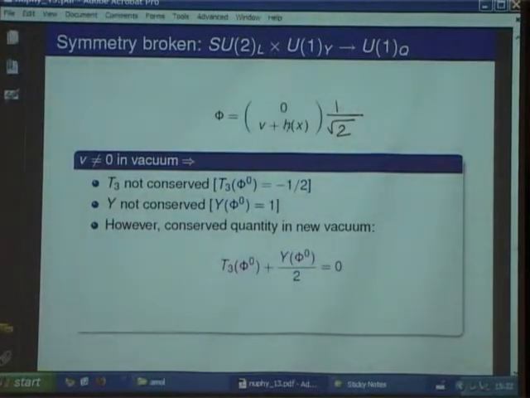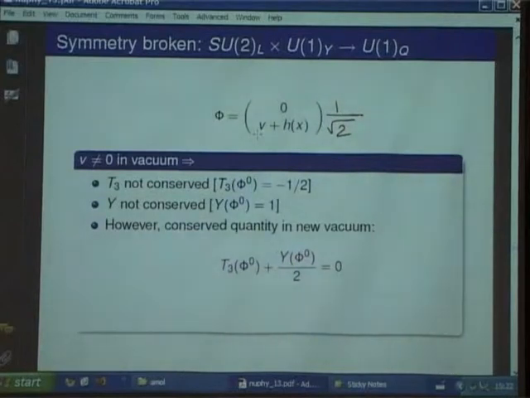Phi 3 is a real quantity. This quantity I can write as V, which is the minimum point in vacuum, plus some field H, which is just your phi.